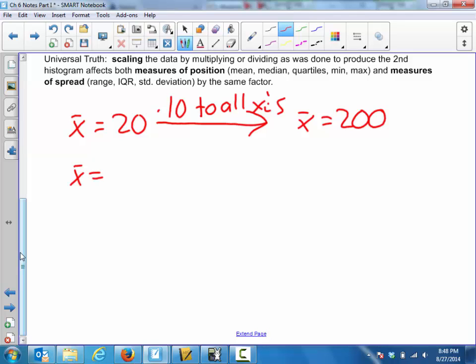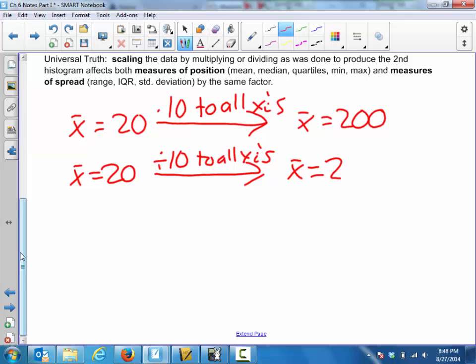It just scales according to that scale factor of 10. If we were to divide all the data values by 10, then x bar would be equal to 2. It would change as you would expect it to.